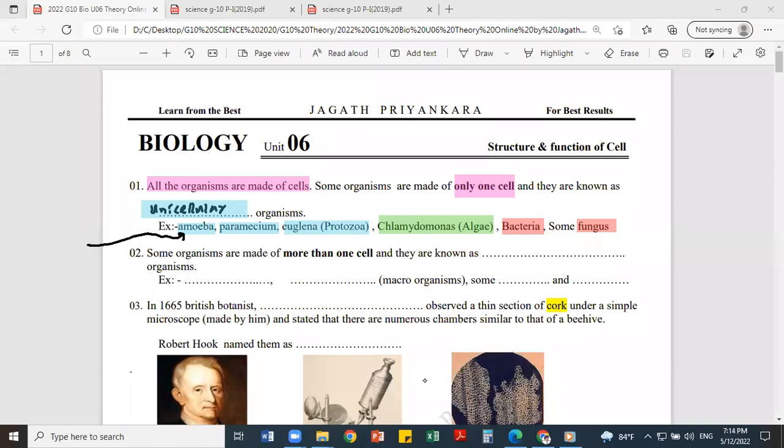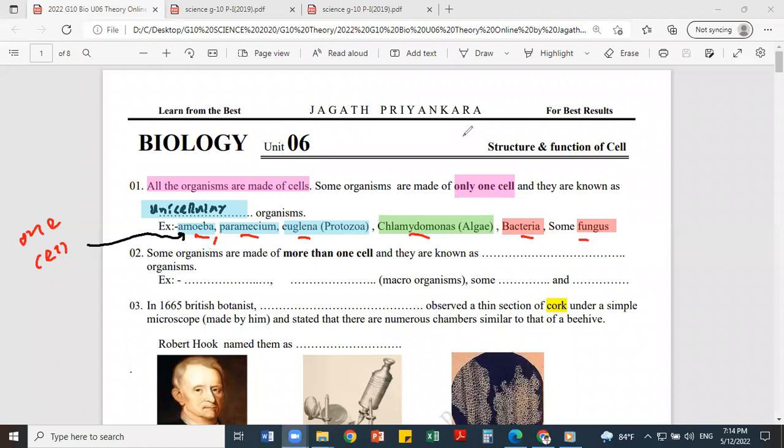Now, one cell is not visible to our naked eye. Therefore, amoeba, paramecium, euglena, chlamydomonas, bacteria, fungus, if they are made of one cell, they are not visible to our naked eye. So I will put here 1, 2, 3, 4.